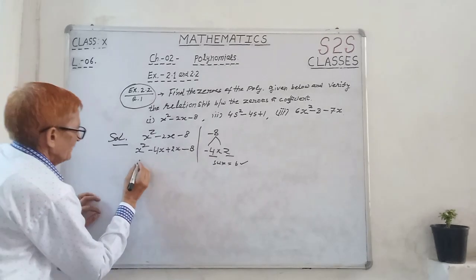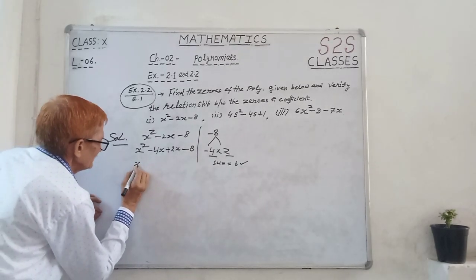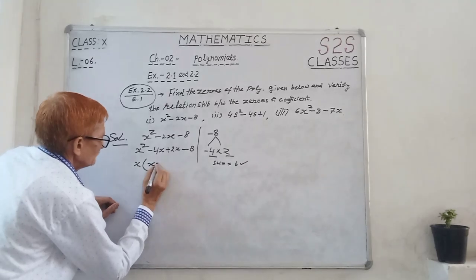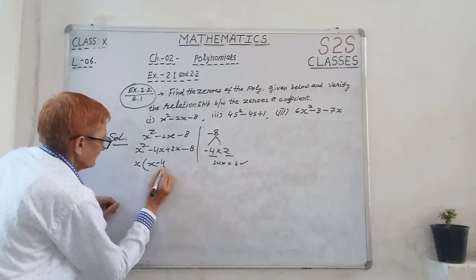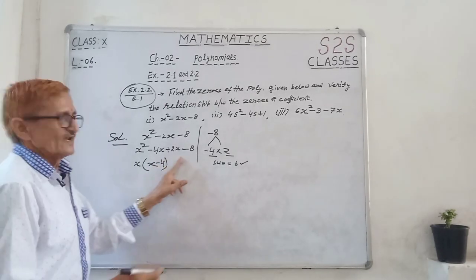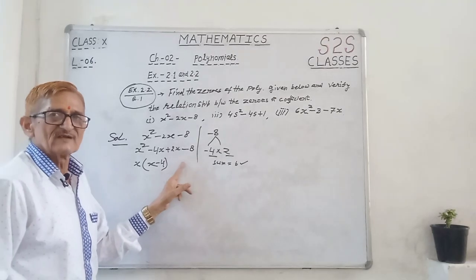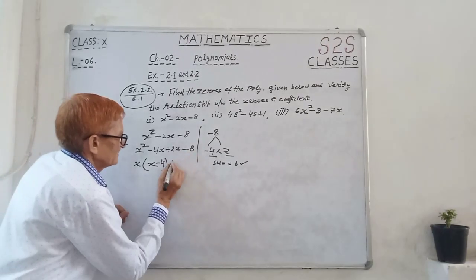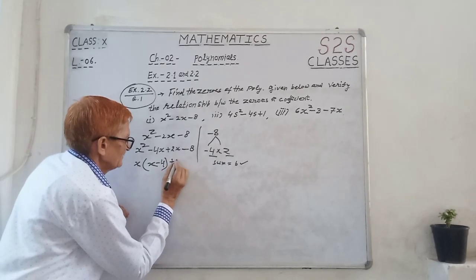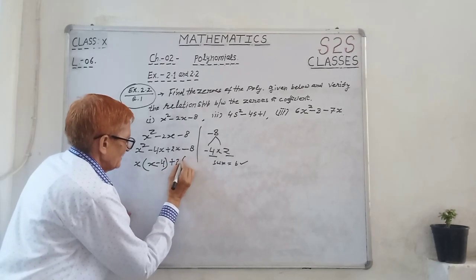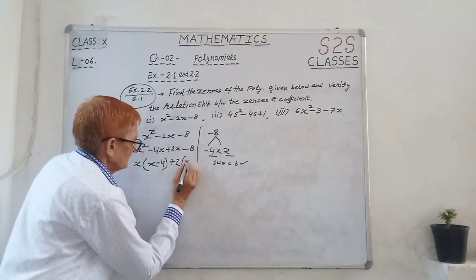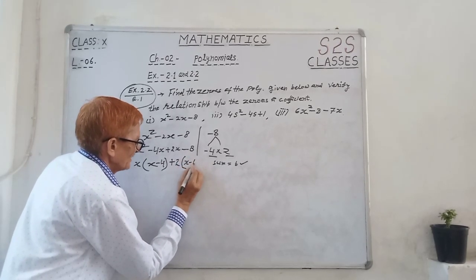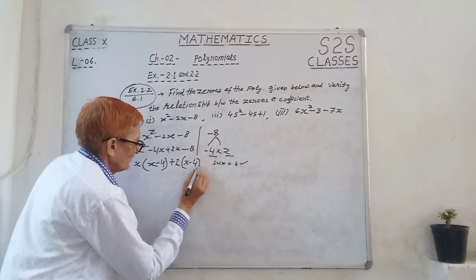This is the method. Now take common from these two terms, x common, then x -4. Here what is common in the last two terms? 2 is common, the highest common factor of 2x and 8, so +2 common, and left here x and minus, divide by 2, 2 4s are 8, then -4.